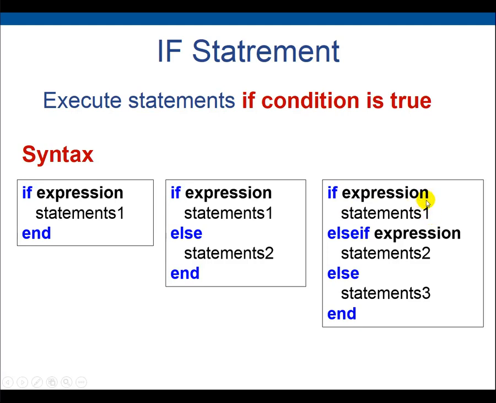But if it is not true, then it goes to the else if condition. And here is another expression. If this expression is true, then statement 2 will show up, and that's it. But if it's not true, then it goes to else, and statement 3 will show up. Alright.